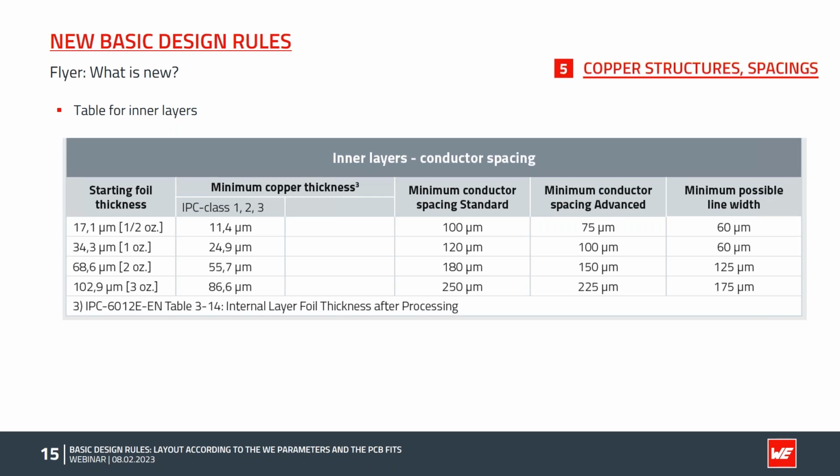That comes from, on the one side, tolerances of the supplied foils. There's an allowed tolerance of plus minus 10%, and usually we see the tolerance in the minus, not in the plus area. And on the other hand, we have cleaning processes which reduce the copper thickness. So normally we have thicker minimum copper thickness compared to these values here, but that's allowed according to IPC.